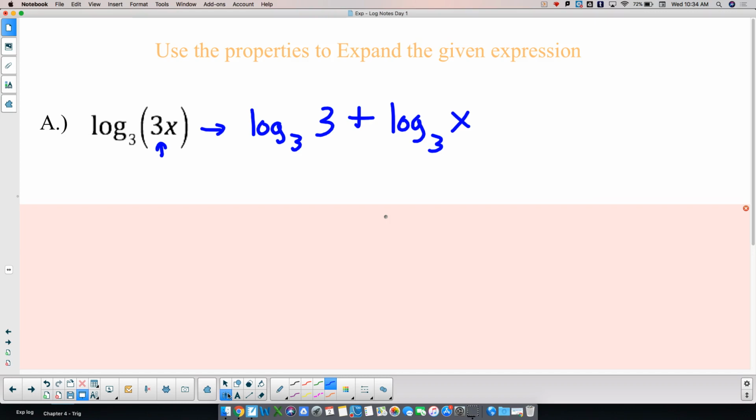And they are. So what exponent can I put on 3 to get me 3? 3 to what power is 3? 1, right? Okay. So this log base 3 of 3 is 1.